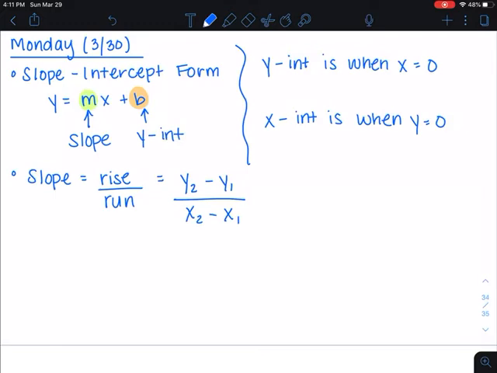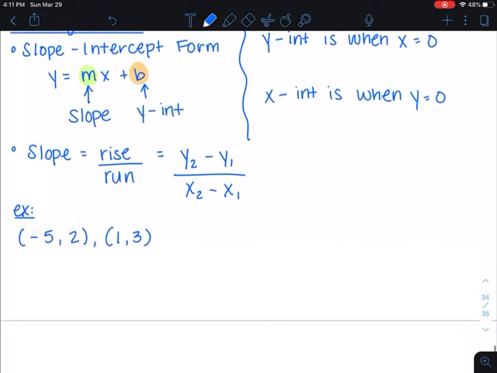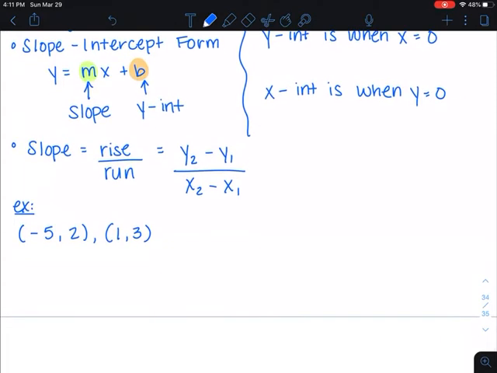Alright, so let's do a couple example problems. So let's say that they give you the points -5, 2, and say 0, 3.